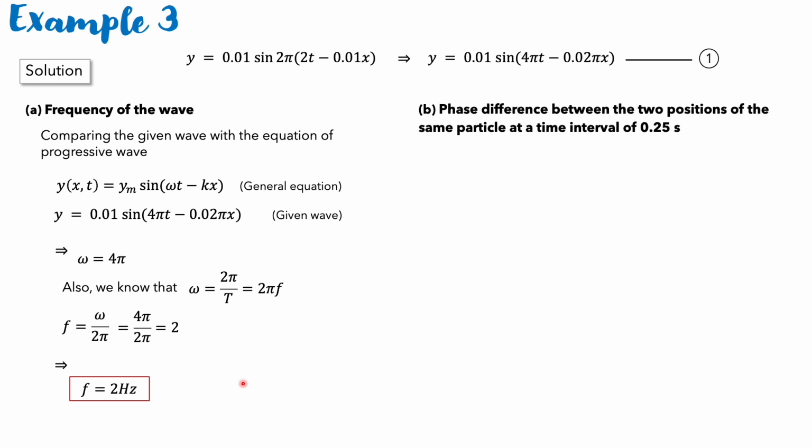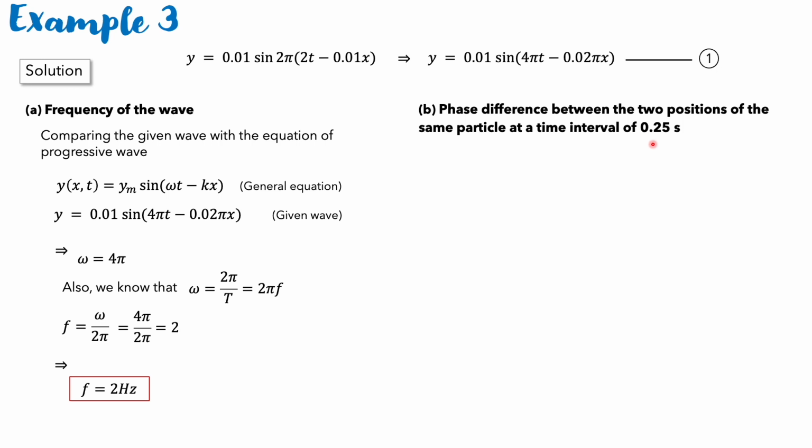Next is the phase difference between two positions of the same particle at the time interval of 0.25 seconds. The same particle is oscillating up and down. So between two times, for example, between 1 second and 1.25 seconds, the time interval between the two is 0.25, or let's say between 4.2 seconds and 4.5 seconds.